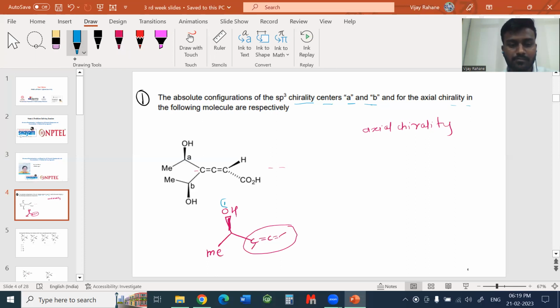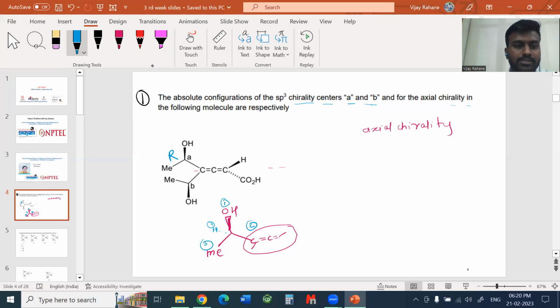The heteroatom, the OH group, gets first priority. The second priority goes to this entire alkene group, and third priority goes to methyl, and the hydrogen, which is present below the plane, gets the fourth priority. So what is the configuration for this center? We can go clockwise, so it's R configuration. So the configuration for this center is R, right?